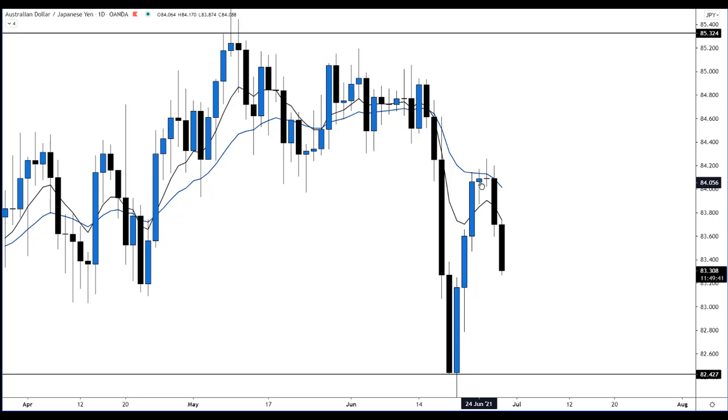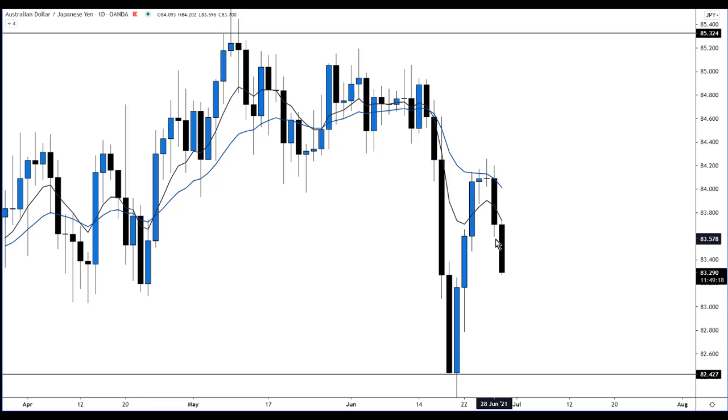Now look at the real body here, it gets very small, and here almost the open and close are the same. That's telling me that the buying momentum is really slowing down, and then boom, you get this big black selling candle with a big body, and that is your sign to start looking for sell opportunities.